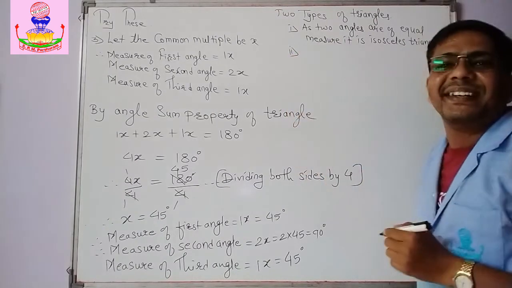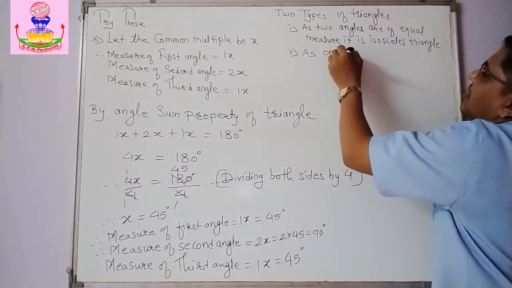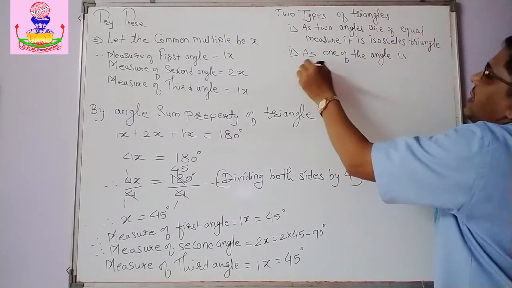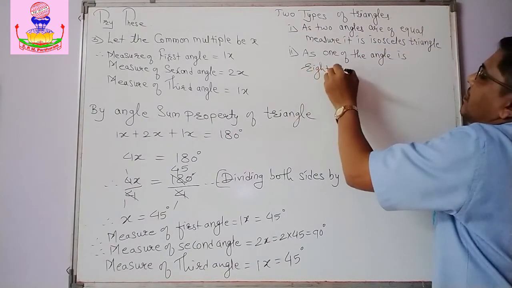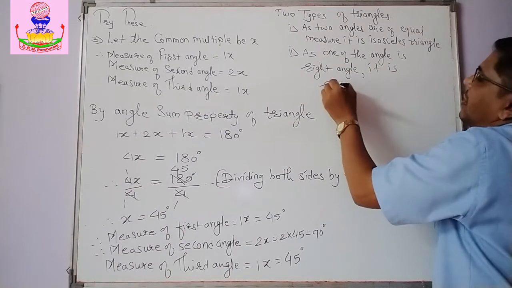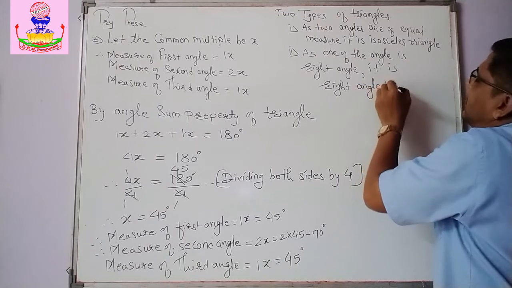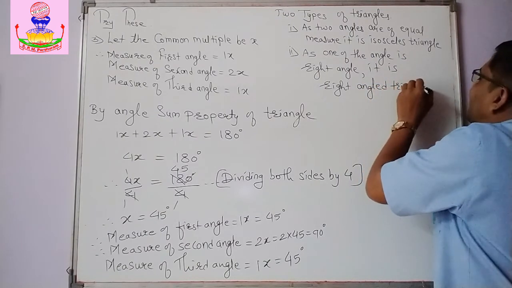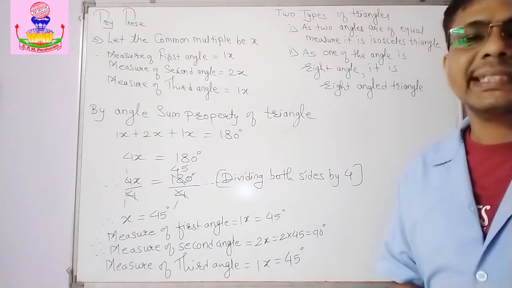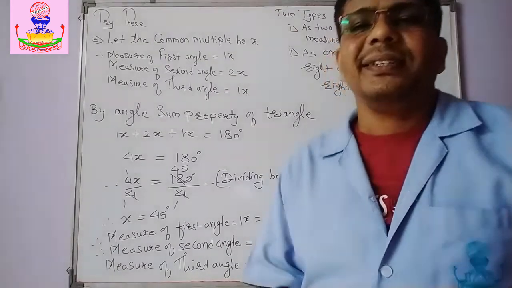And second, as one of the angles is a right angle, it is a right angle triangle. Actually speaking, we can call it an isosceles right angle triangle.